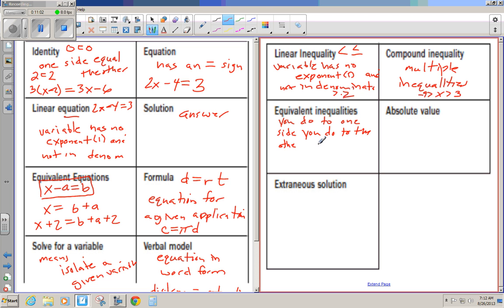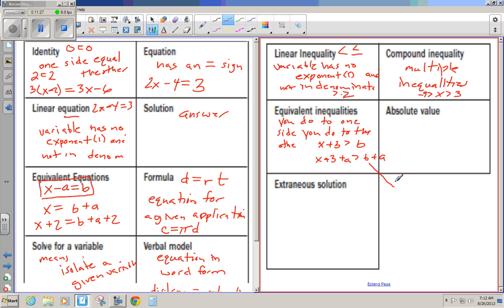So if you have x plus 3 greater than b, if I subtract 3, or let's add an a to it, x plus 3 plus a is greater than b plus a. That's all that is. That's how that works out.